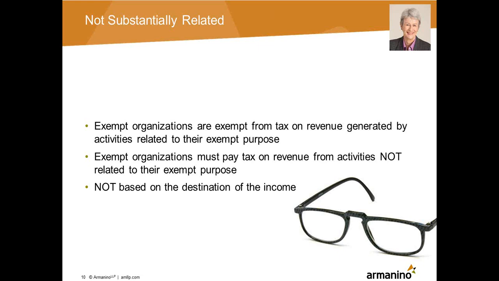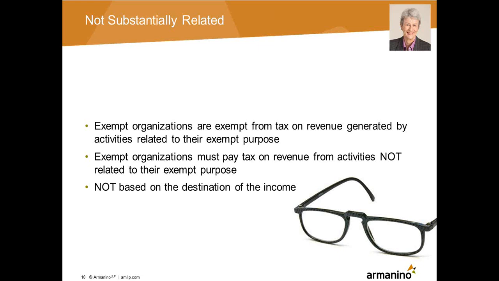And remember that ever since the new rules came into play, and I guess new is a relative term, we don't look at the destination of the income. That is not a relevant factor. Where this mostly comes into play and where there's a lot of confusion out there is with fundraising activities.